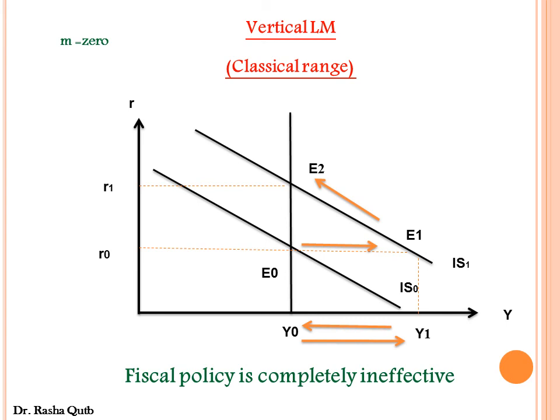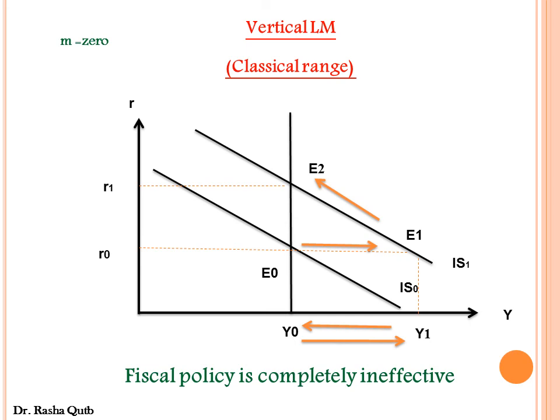At E1 we have equilibrium in the goods market and excess demand for money in the money market. This excess demand would put upward pressure on the interest rate in order to restore equilibrium in the money market and in the whole economy. So when the interest rate tends to increase, private investment decreases by an amount just equal to the increase in government expenditure.